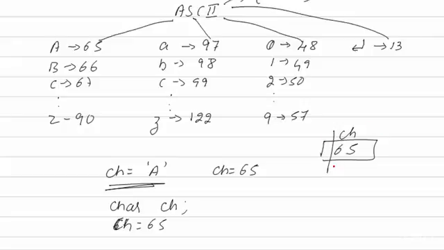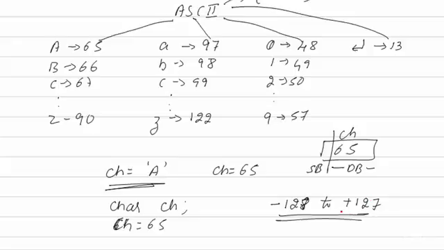Of that, 7 bits will be used as data bits, and the last bit will be used as a sign bit. That means the ASCII value can range from 2 raised to 7, that is 128. The ASCII value ranges from minus 128 to plus 127. So inside a character, you can store an ASCII code ranging from minus 128 to plus 127.